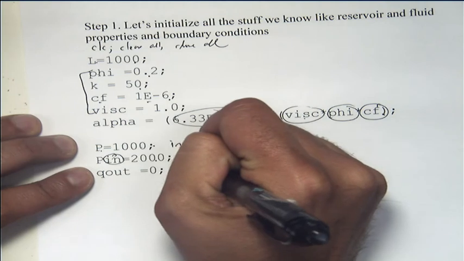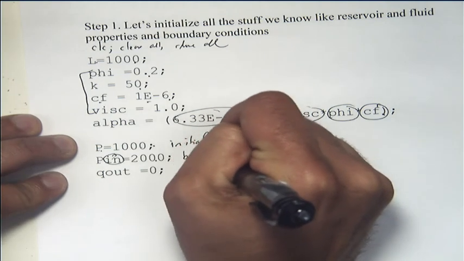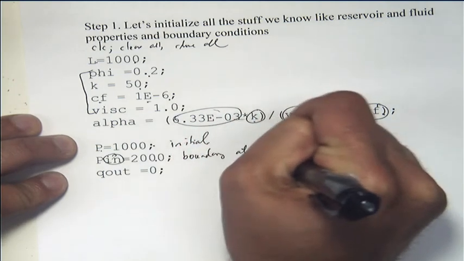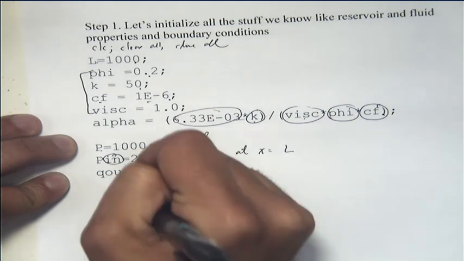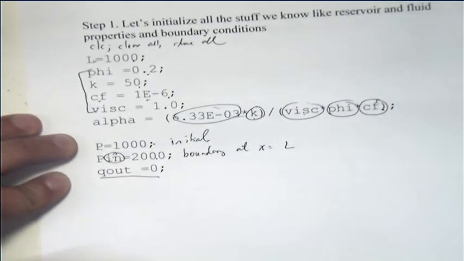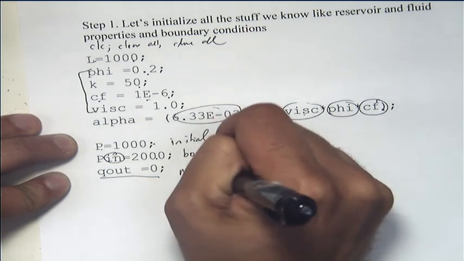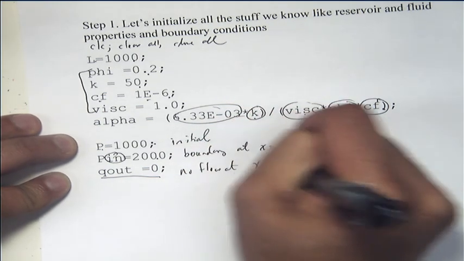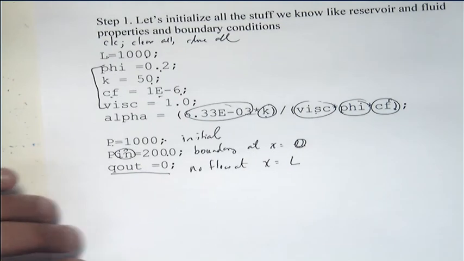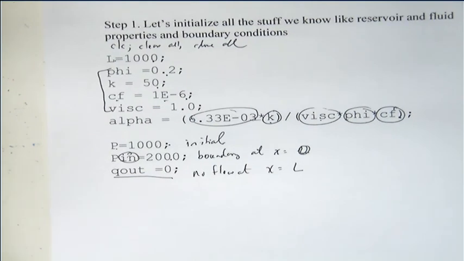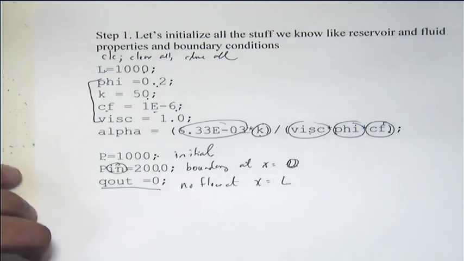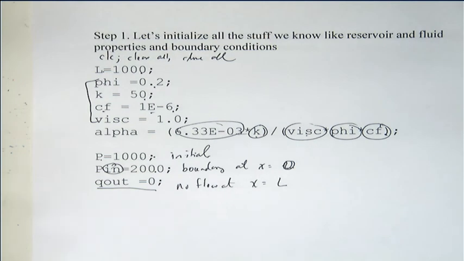But this is initial. This is a boundary at x equals 0, and this is no flow at x equals L. So you may have used different nomenclature, but it should be the same kind of thing.